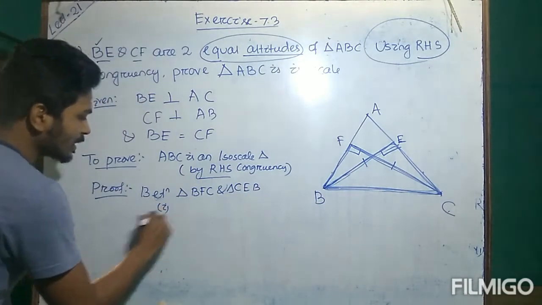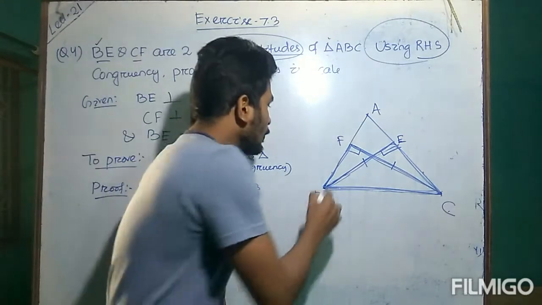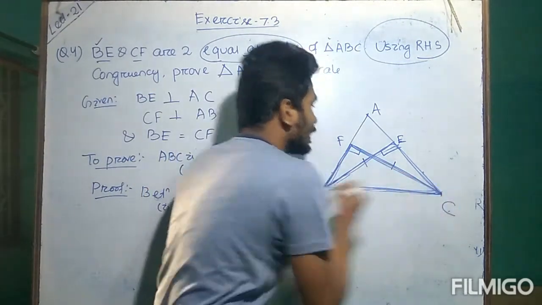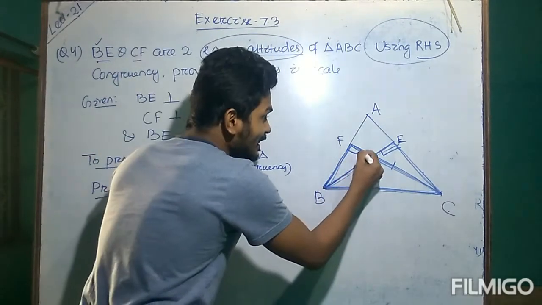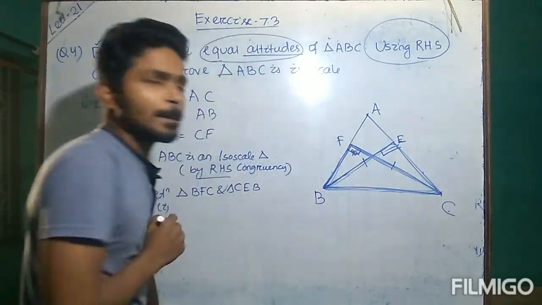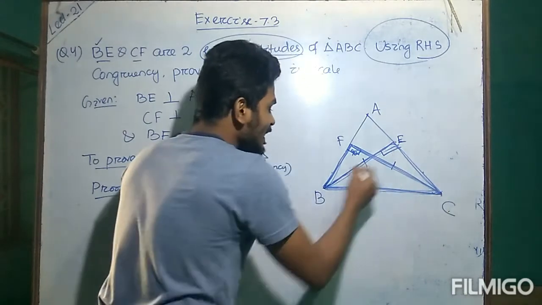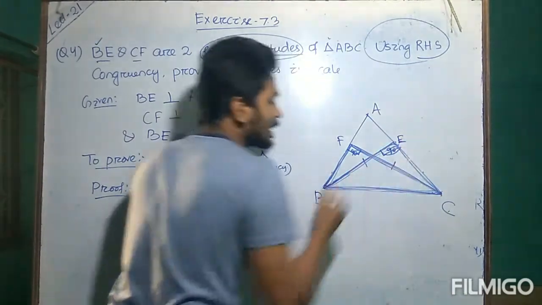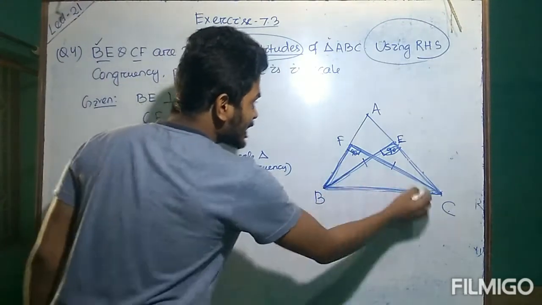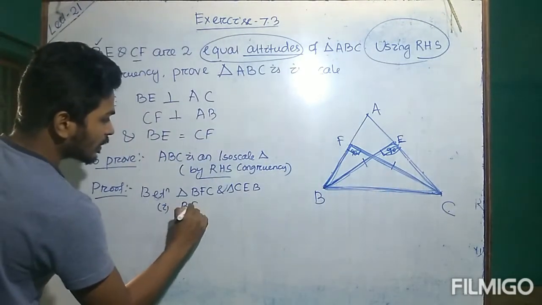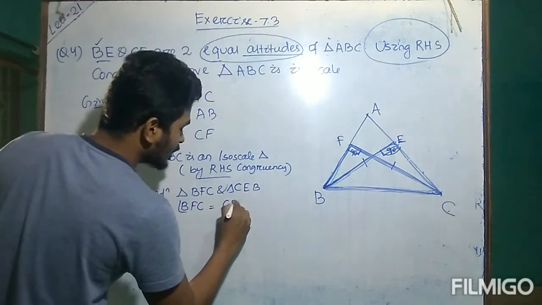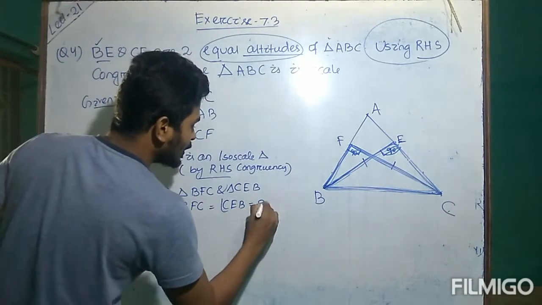So what are the three conditions here? For the triangle BFC, this angle is 90 degrees. Similarly for the triangle CEB, this angle is also 90 degrees. So you can write angle BFC is equal to angle CEB is equal to 90 degrees.